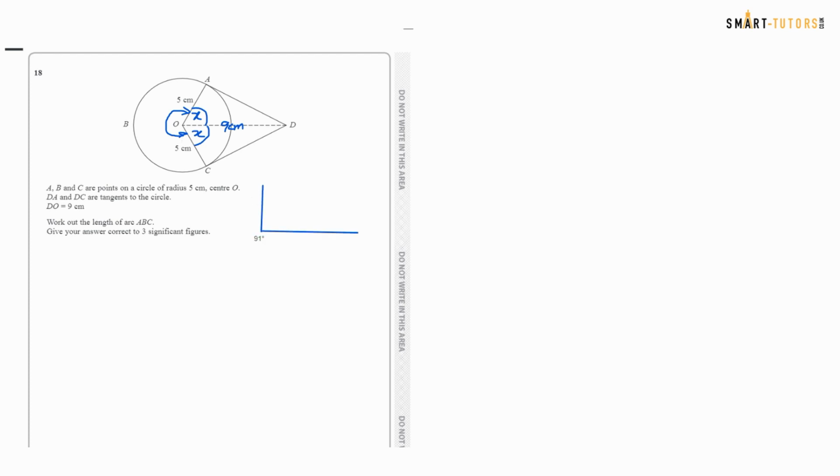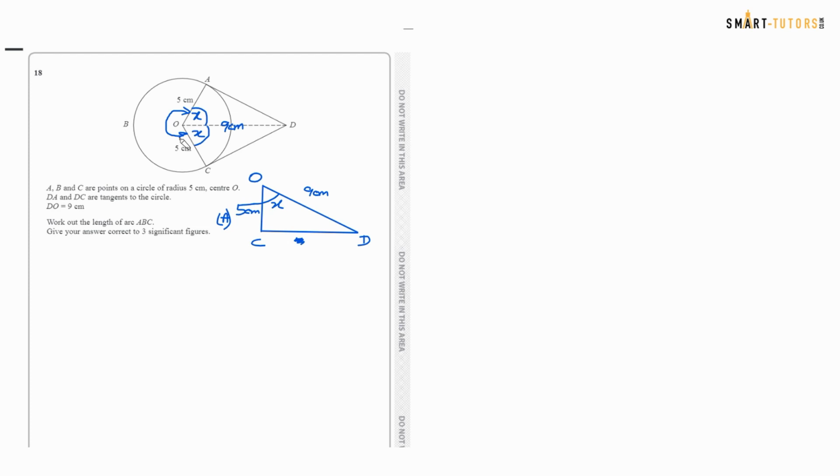So if you want, you can draw a separate right angle triangle to make sure we fully understood the trigonometry. So this is 5 centimeter and this is 9 centimeter. And this is O, D and C.